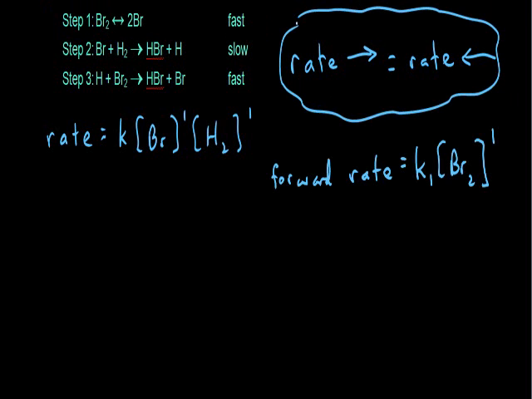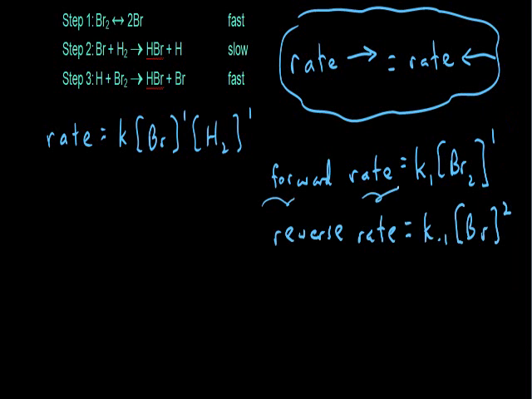We can write a preliminary rate expression for the forward process in step 1, where rate is k1 times Br2 raised to the first power, once again using the coefficient in the balanced equation to provide the exponent, which we can do because this is working with mechanisms, where that process is permitted, allowed, and used as a strategy.